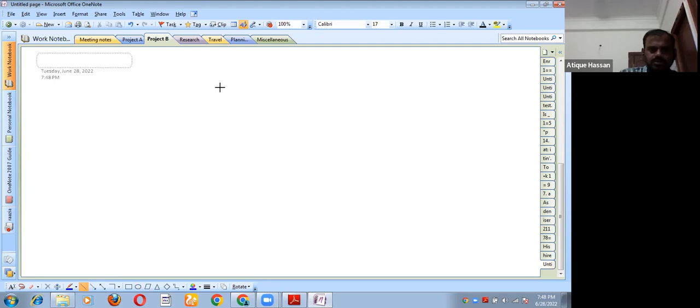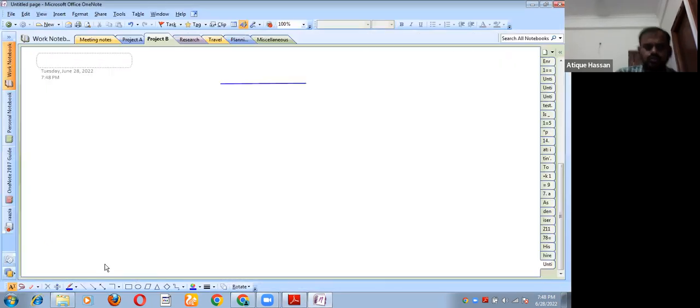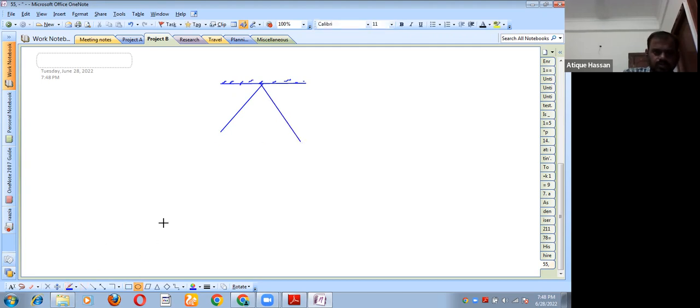So what happens is there is a ceiling. Suppose we have a ceiling, and these are the two balls of same mass and carrying equal charges hung from a fixed support of length L. Suppose this is the fixed support, and suppose there are two threads, and two balls are hung from this.